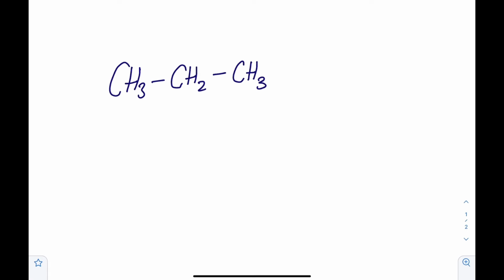Now in organic chemistry specifically, to denote the number of carbons, we use prefixes. So 1 is meth.